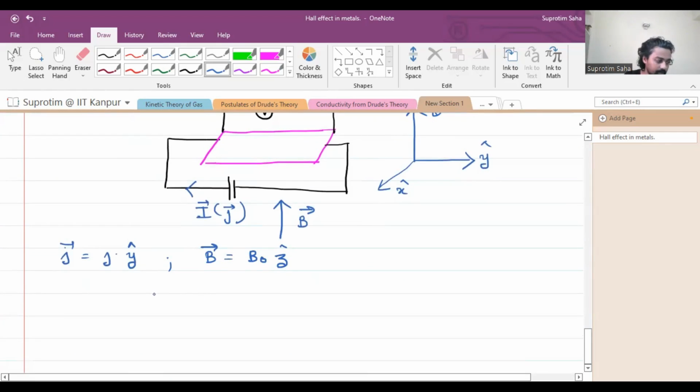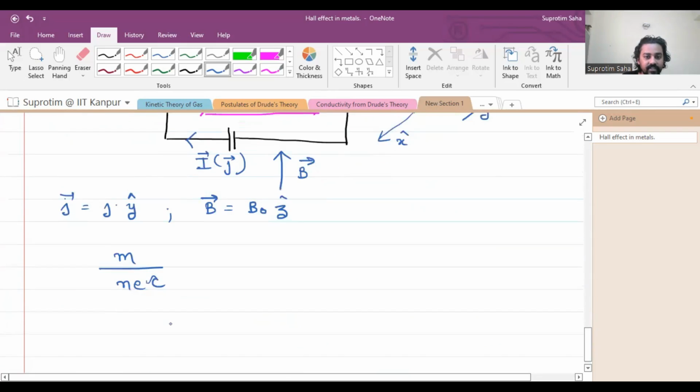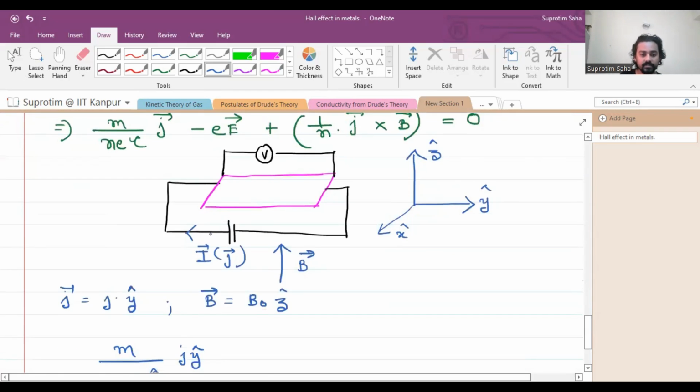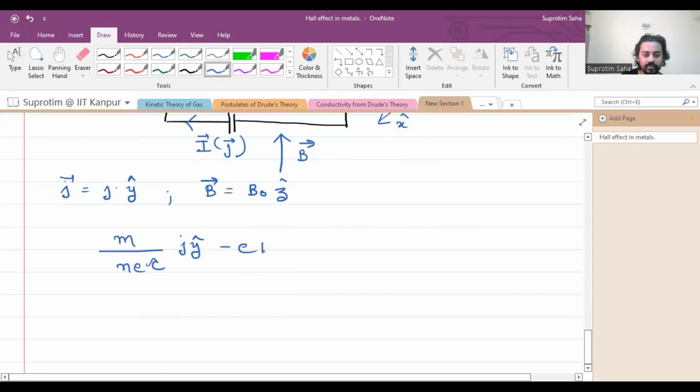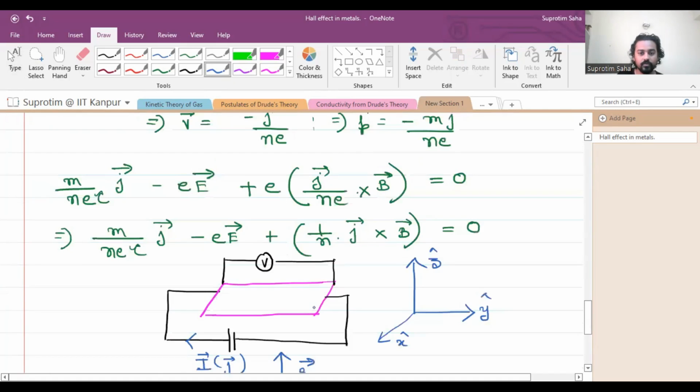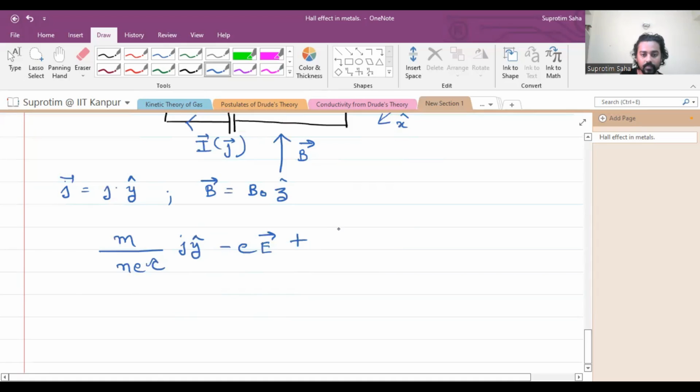We get m by ne tau times the J vector, which is J Y cap, minus e of the electric field vector, plus 1 by n J Y cap cross B naught Z cap, and this is 0.